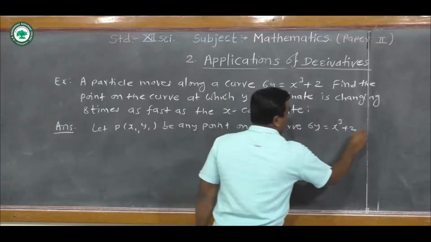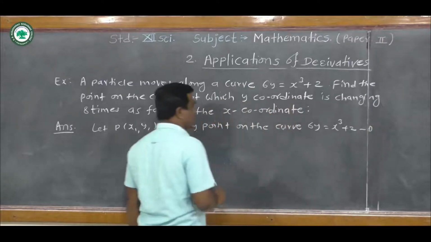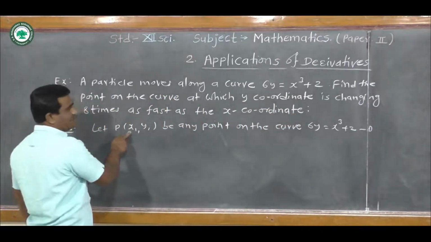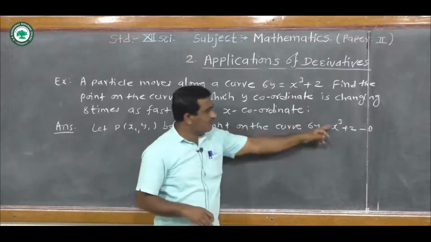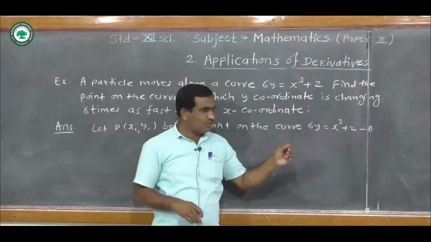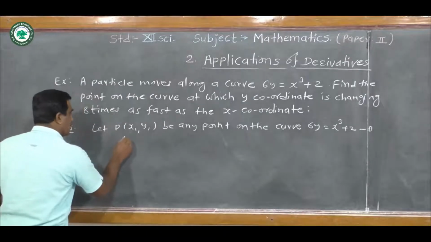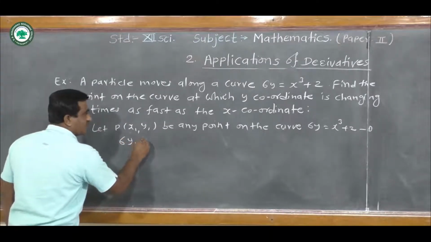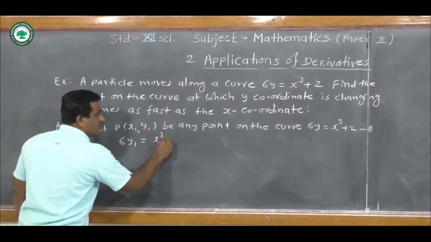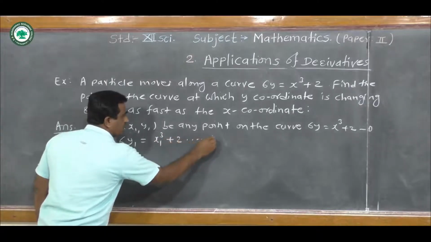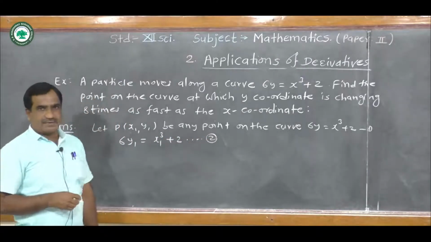So this is equation number first. Therefore, this point P(x1, y1) lies on the curve 6y equal to x cube plus 2. Therefore, this equation of the curve becomes 6y1 equal to x1 cube plus 2. So this is equation number second.